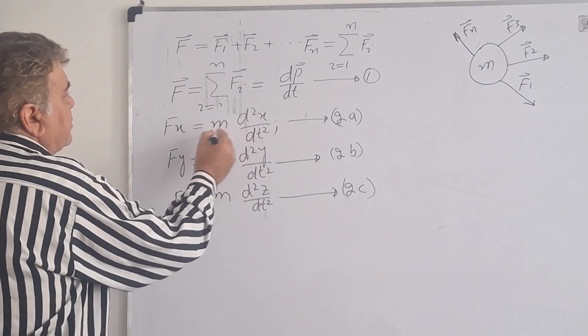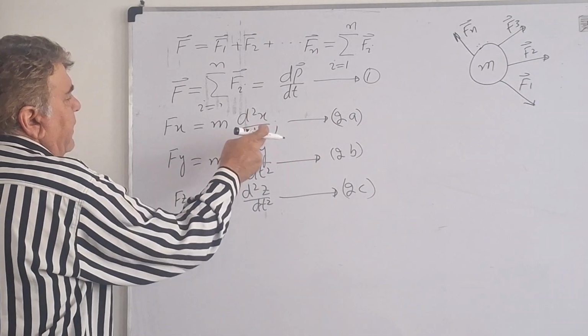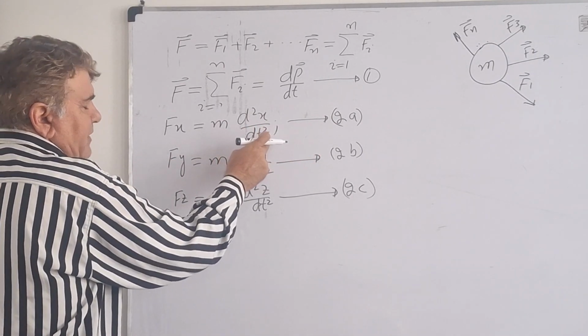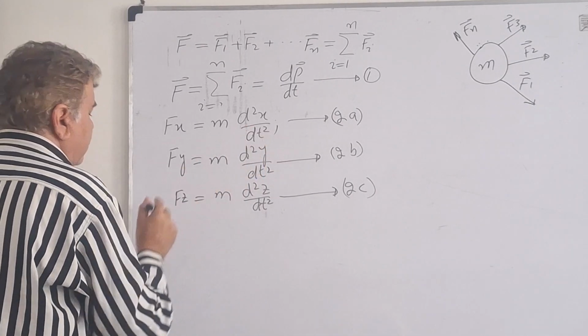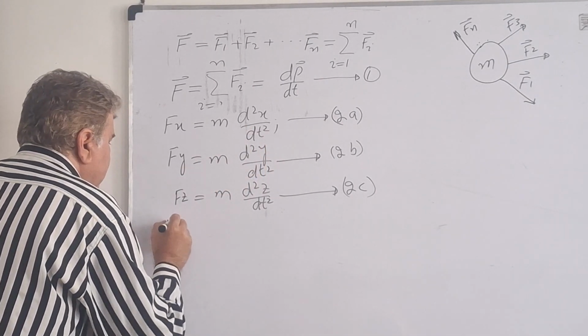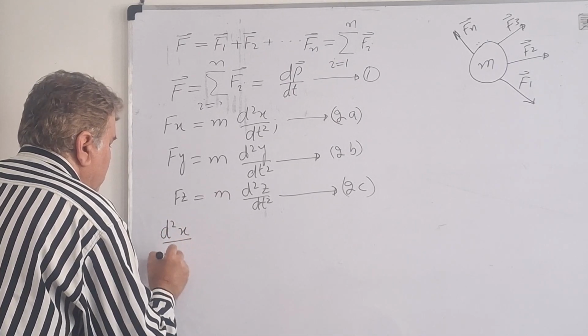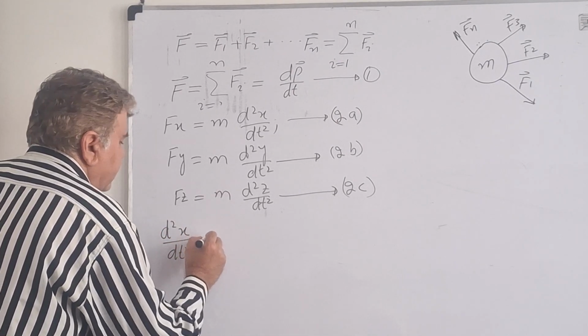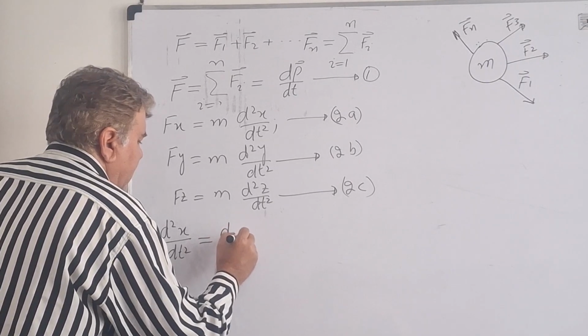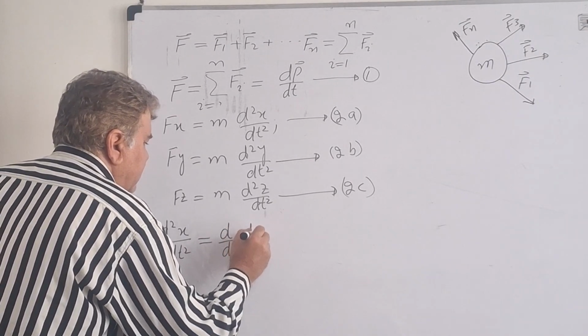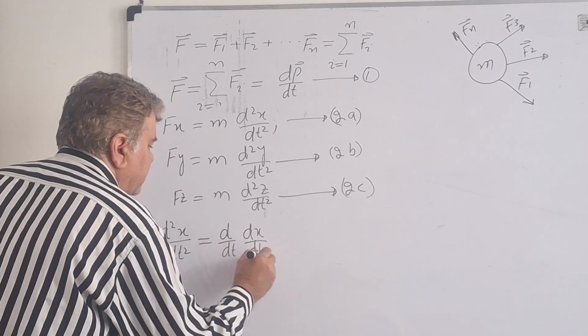I consider equation 2a, and I want to put the acceleration, the second derivative of position, into another form. I can write d squared x over dt squared equals d over dt times dx over dt.